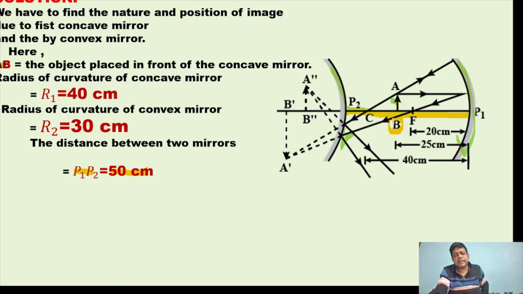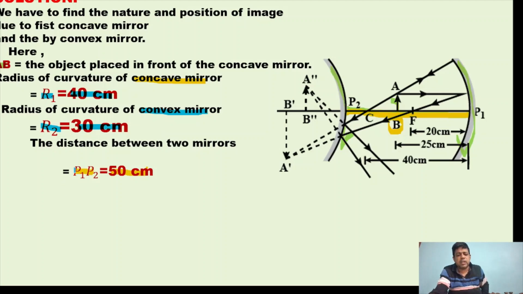So AB is the object, and the radius of curvature of the concave mirror, R1, is equal to 40 centimeters. The radius of curvature of the convex mirror, R2, is equal to 30 centimeters, right?